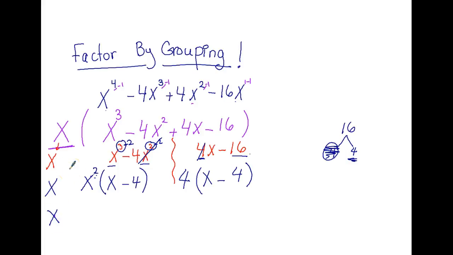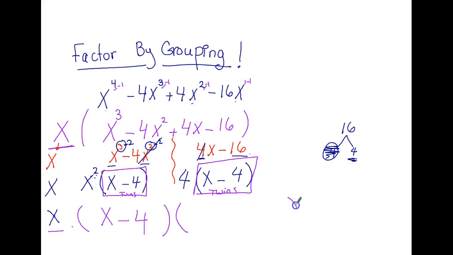Keep it with you. So now we have the twins. The twins means I have identical parentheses, same exact parentheses. So I still have my x times whatever my parenthesis is, or the twins, which is x minus 4. Those are my twins. Then my second parenthesis, I'm copying everything that I didn't copy.